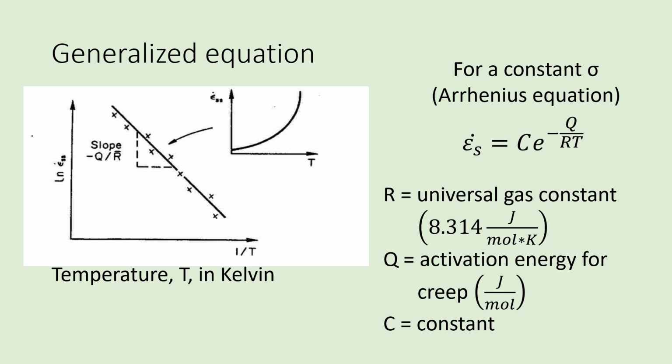The slope of the relationship between the strain rate and the inverse of temperature is equal to the negative activation energy for creep, Q, divided by the universal gas constant, R. The expression relating the strain rate to temperature is given on this slide over here, where C is a constant.